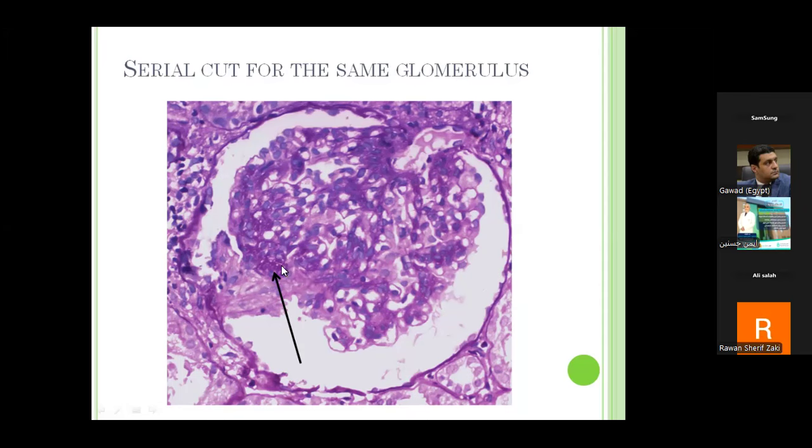Yeah, the same for these capillaries, which are now obliterated, not patent anymore. If we compare this patent capillary lumen, it is absent here, and we see something like a collapsed membrane over itself. So it's an obliterated capillary lumen, which here is called the focal segmental glomerulosclerosis pattern of injury with adhesions.